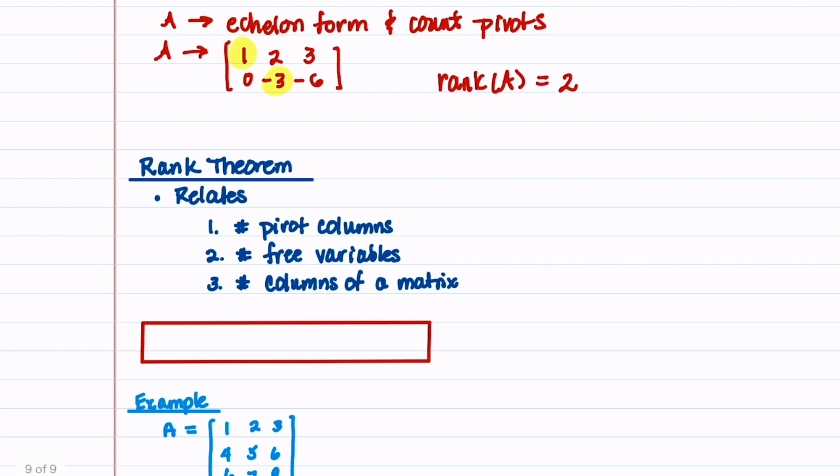Let's now go over the rank theorem. Our rank theorem relates the number of pivot columns to the number of free variables to the number of columns in a matrix.